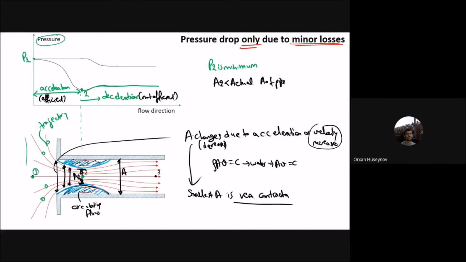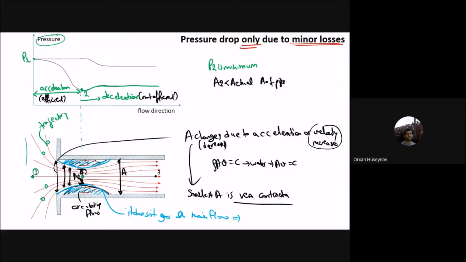The part present in these symmetric regions doesn't go with the main flow. They are always here, recirculating here and recirculating here.